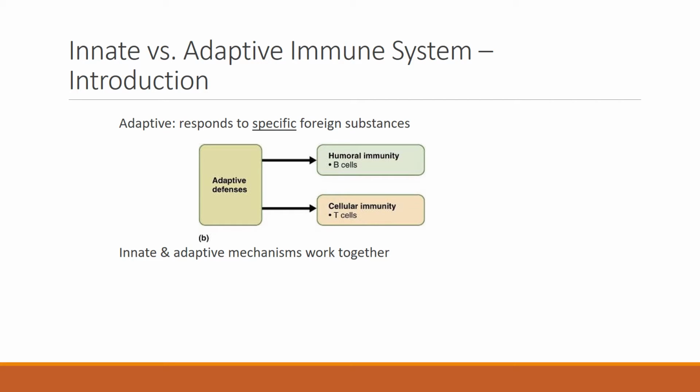Adaptive responses are in regard to specific foreign substances. We have two types. Within our blood we have B cells, which are responsible for creating antibodies that bind to specific antigens and get rid of the foreign substance through antigen-antibody binding.